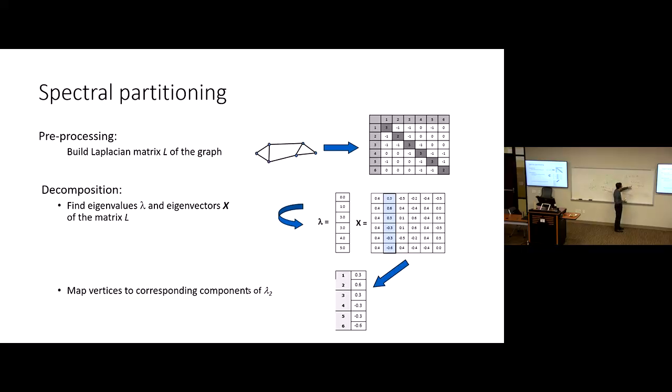We will need these eigenvectors. There are multiple eigenvectors you can find and put together. Those are the eigenvalues and eigenvectors that you will find, with the columns being eigenvectors. You will find multiple eigenvectors.